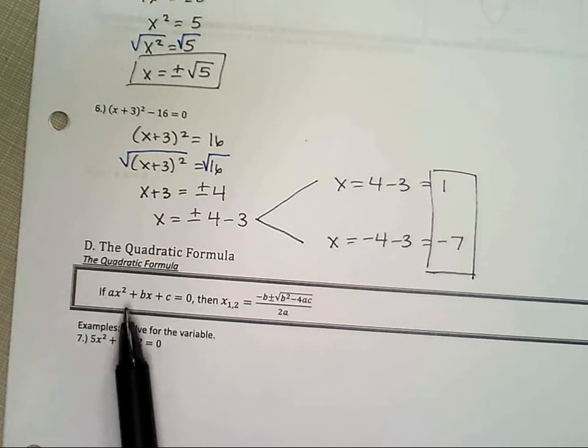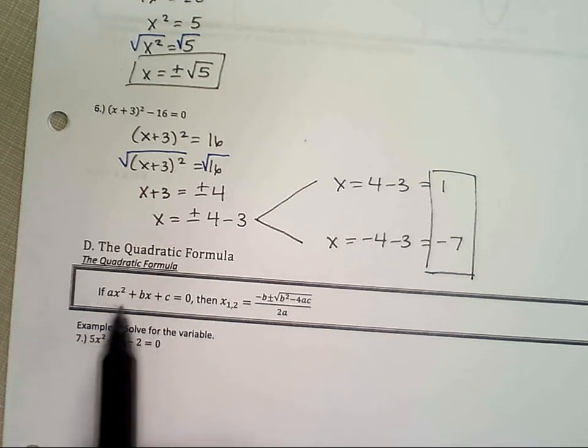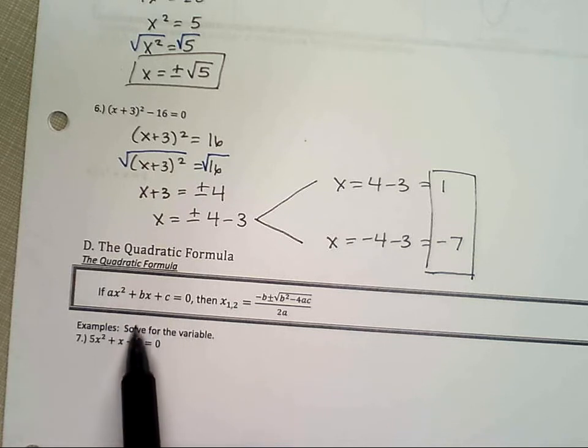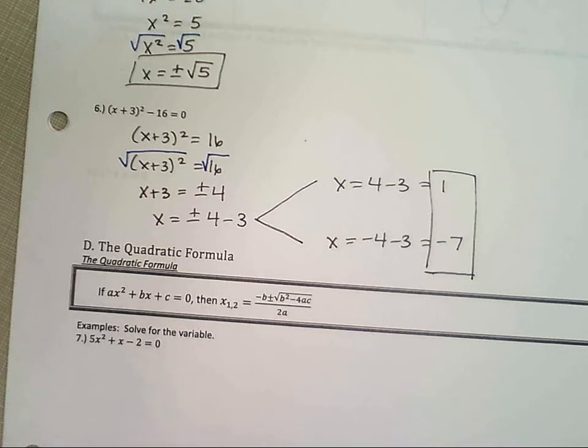So a is always next to x squared, b is always next to x, and c is always the constant by itself. As long as we get our quadratic equation equal to 0, we write down what a, b, and c are, then we just plug it into the quadratic formula, right?